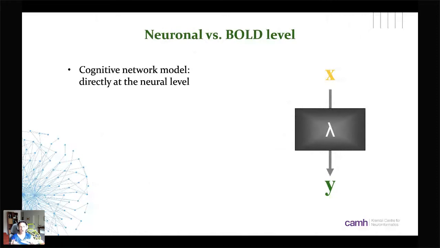So we have this kind of dichotomy between the neuronal level and the BOLD level, and of course in DCM they are kind of intertwined. And one thing I want to stress is that in the simplest applications of DCM for tasks like the one that I presented earlier, we're thinking about cognitive networks.